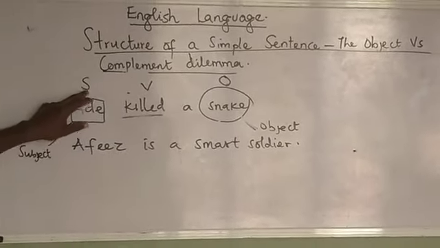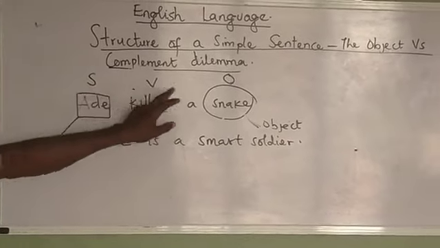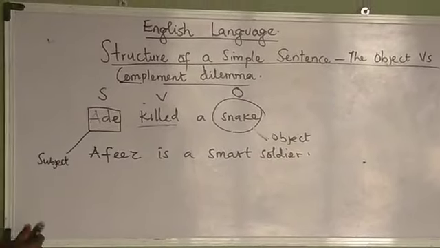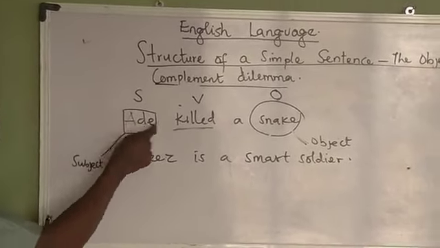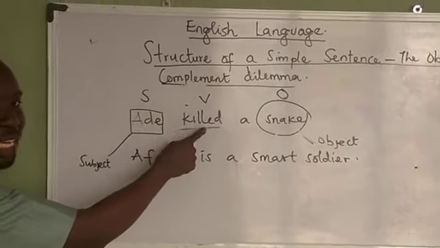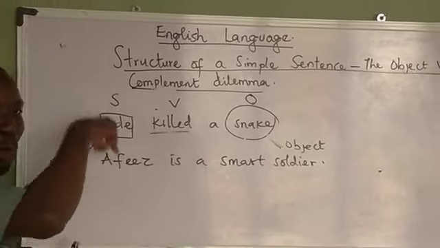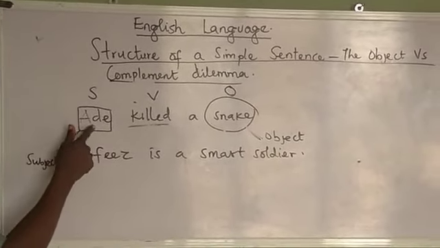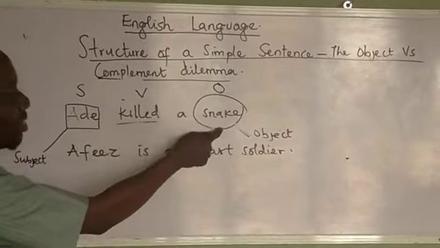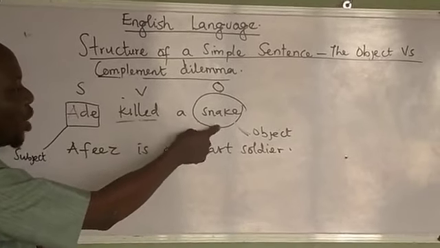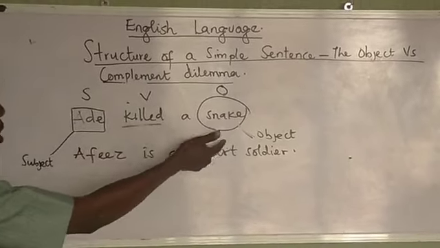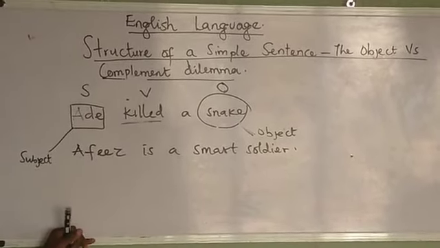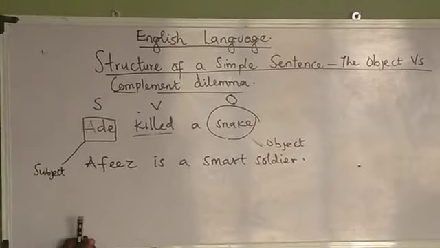In a simple sentence with SVO structure, we must have the subject performing the action. We must have the verb that is telling us the type of action performed by the subject, and we must have the object that is telling us the nature of the object that received the action performed by the subject.